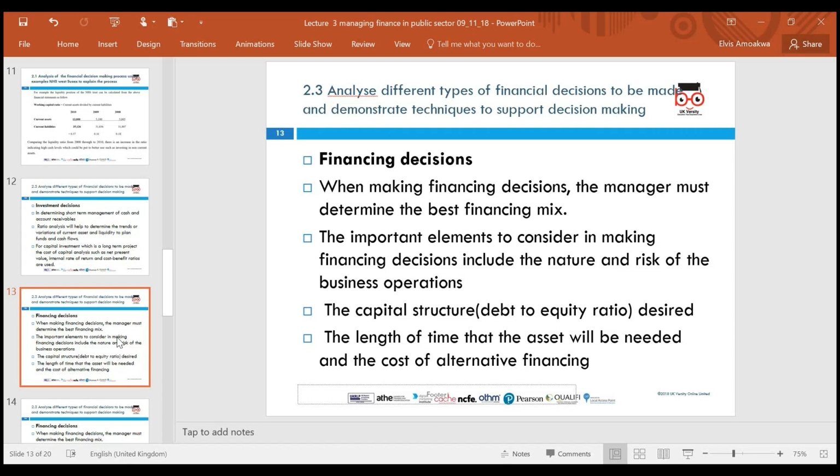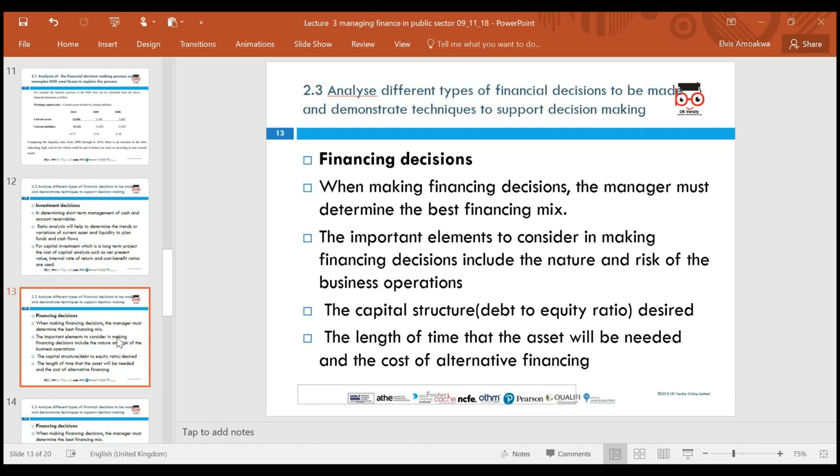The important element to consider in making such a decision is to look at the nature and risk of the business operation. Then we have to look at the capital structure, which is the debt to equity ratio, right? As well as the length of time that the assets will be needed, and the supply and cost of alternative financing.